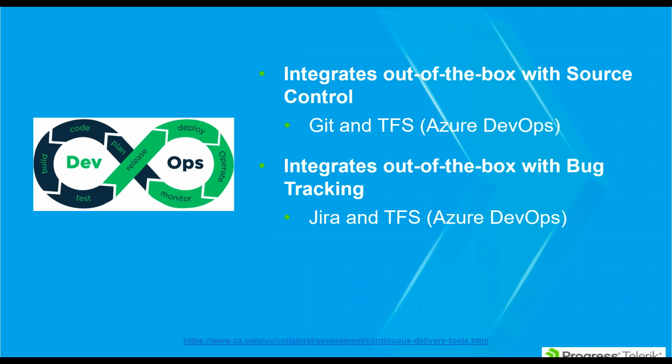Test Studio integrates directly with source control. As we mentioned, we support Git and TFS, including Azure DevOps. By the way, within Azure DevOps, you can create a self-hosted agent which you can attach to your pipelines, and then whenever you have an automated build or you have a release build, you can trigger Test Studio test lists to automatically fire and perform the necessary checks, right?